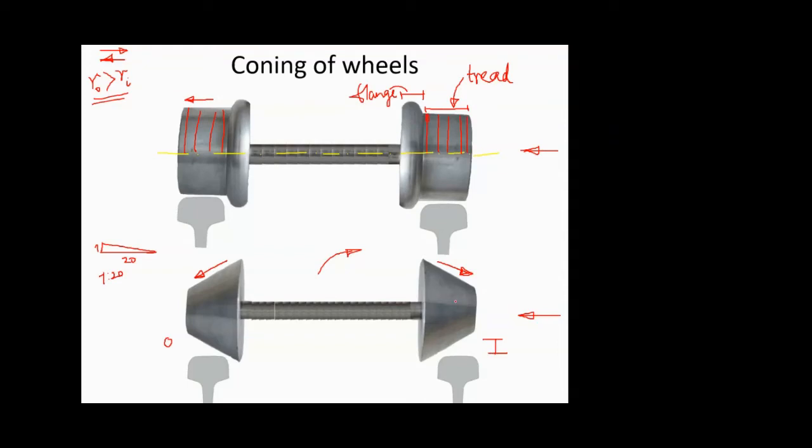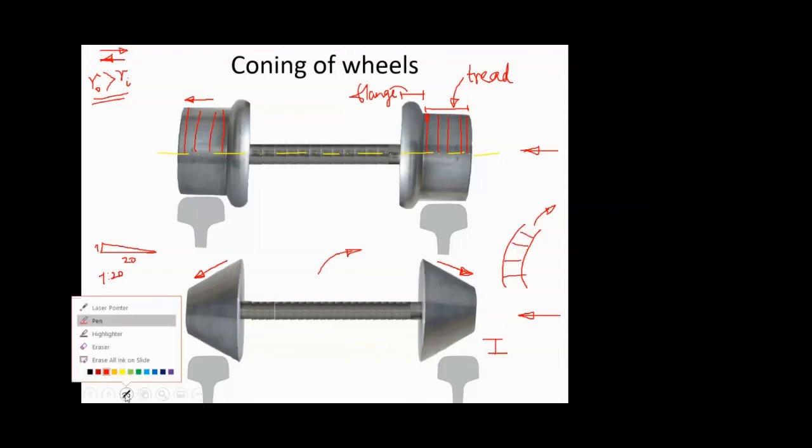You all know that on curves there is a centrifugal force. In plan, if I try to show you, it is taking a curve on the right side. These are the railway tracks.